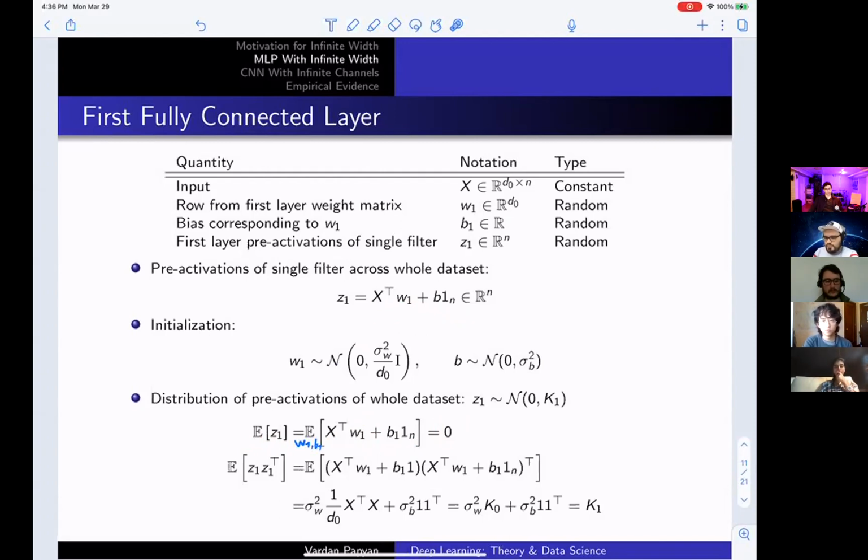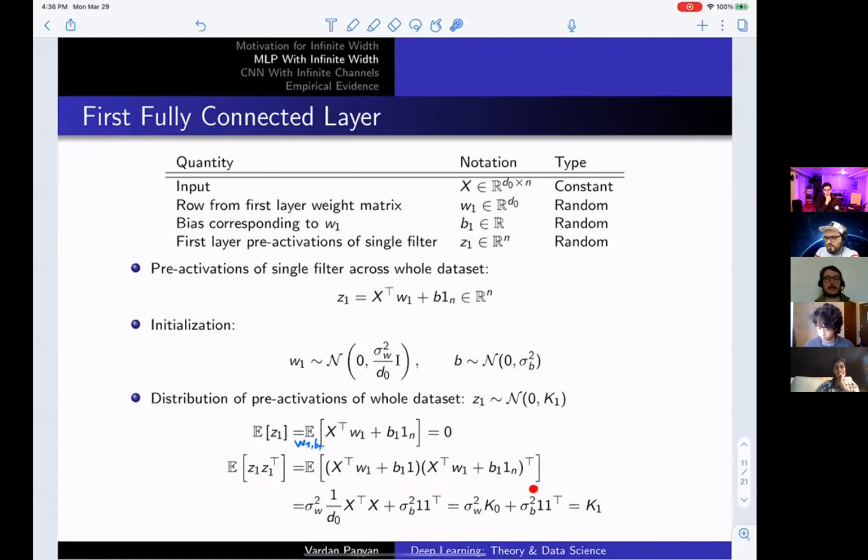Now, let us move to the variance. Actually, it's not the variance, it's the covariance. Let us be precise. The covariance of Z1 is equal to the expectation of this quantity. I'm just plugging in this thing instead of Z1, and this thing instead of Z1 transpose.